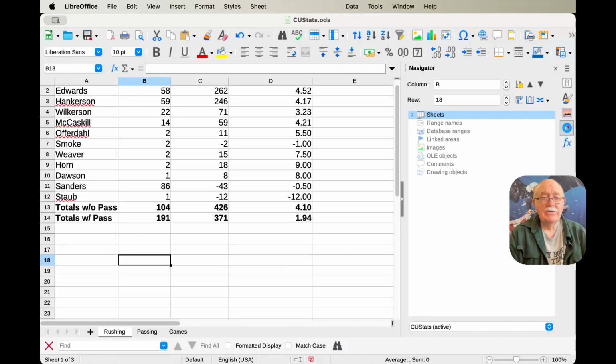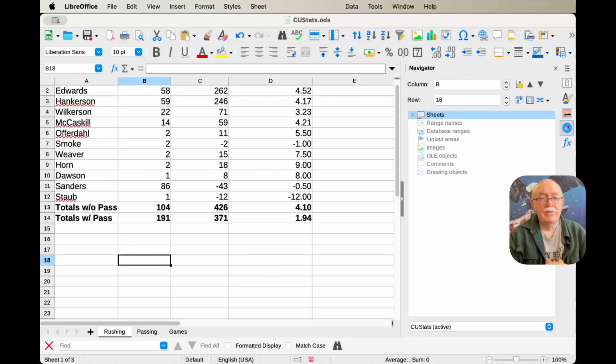This is the rushing sheet, and if you look at the rushing sheet, I have down here at the bottom two lines, totals without passing and totals with passing. What that means is when they record the stats for games, they include all of the quarterback's rushes, including the rushes where he loses yardage.